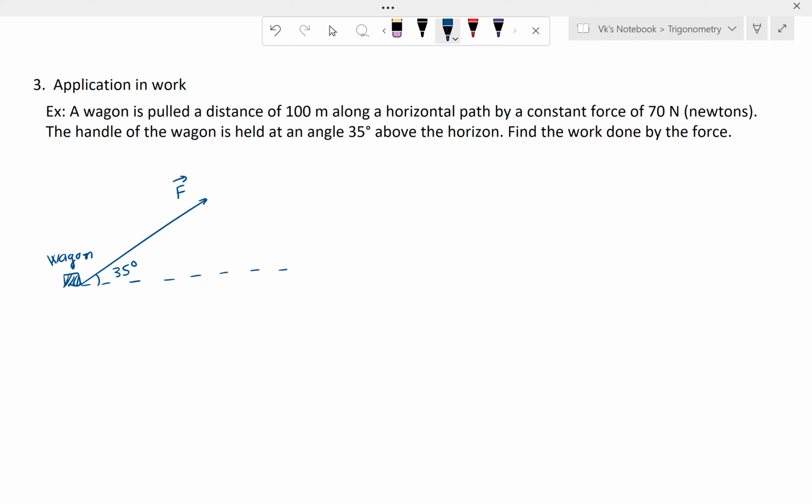It's the force vector. And it is being pulled a distance of 100 meters. We can turn the distance into a vector. That is the vector D.